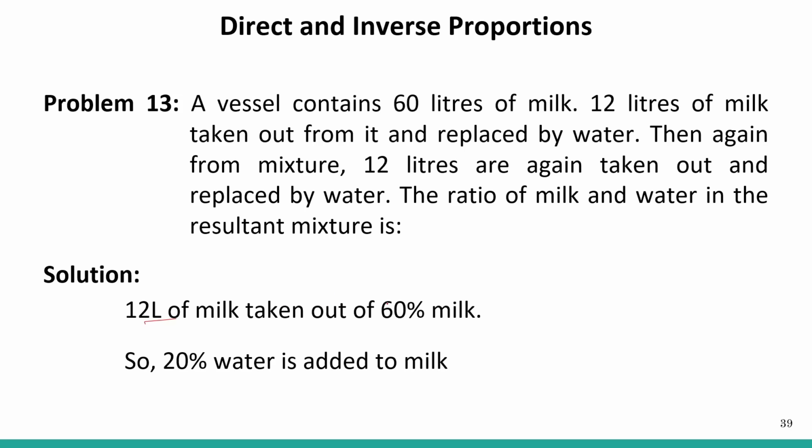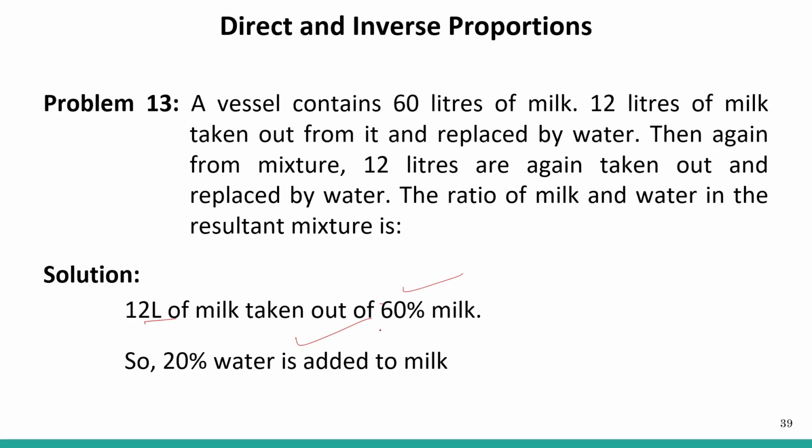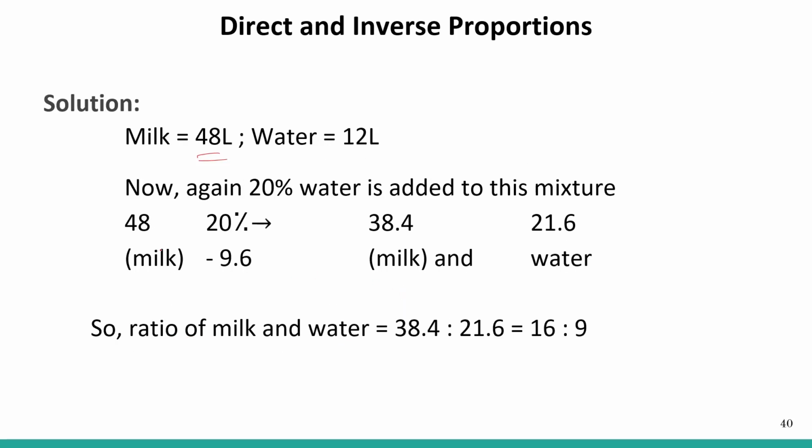So 12 liters of milk taken out of 60, so 20% water is added to it. Okay, this is what is given to us. So milk is equal to 48 liters, because 12 liters of milk is taken out of 60 liters. So 48 liters of milk and water is equal to 12 liters, total 60 liters. So now again 20% is taken out and water is added to the mixture.